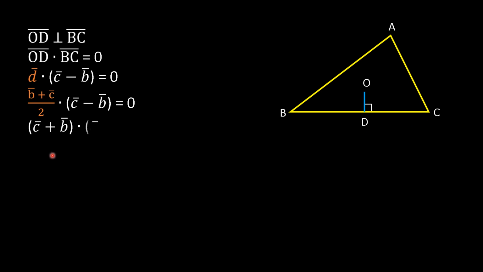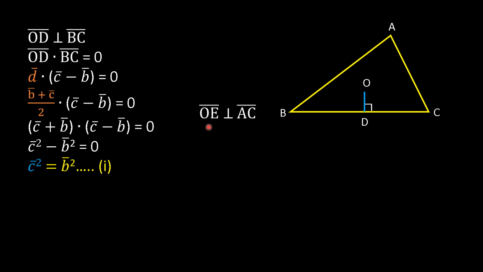Which will be (C bar plus B bar) dot (C bar minus B bar), which will be C squared minus B squared equals 0. That is C square equals B square. We name this equation 1.